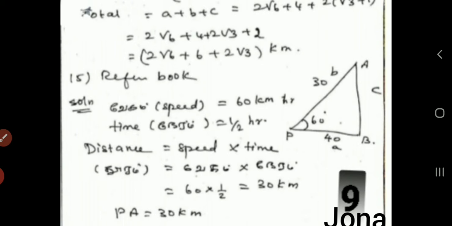Here two vehicles are there, that is A and B. They leave from the place P. One vehicle moves at the average speed of 60 km per hour and the other vehicle's speed is 80 km per hour.